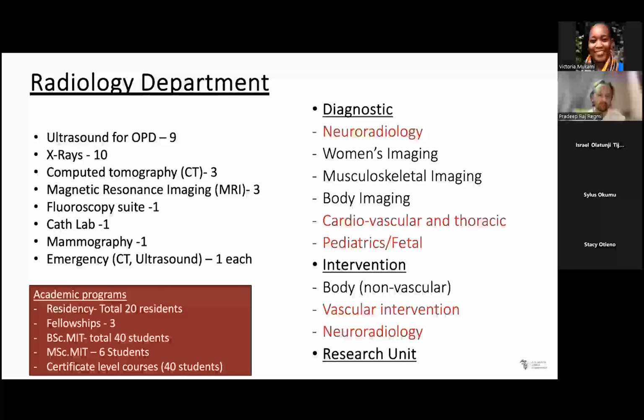We have residency, fellowships, and master's and bachelor's level programs for technical students and certificate level courses as well. In diagnostics, we now have 3 fellowships running: women's imaging, musculoskeletal, and body imaging, and upcoming are others like neuro, pediatrics, cardiovascular, as well as intervention.